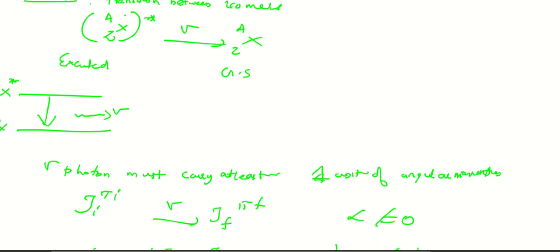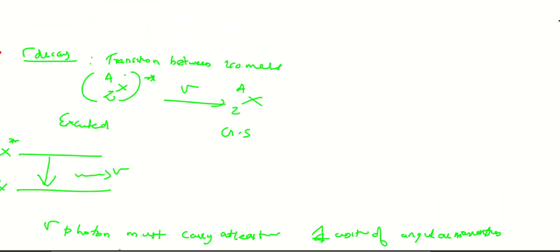Next we are studying gamma decay. For gamma decay, we know that there is a transition between isomers only. That is, isomers have different lifetimes.